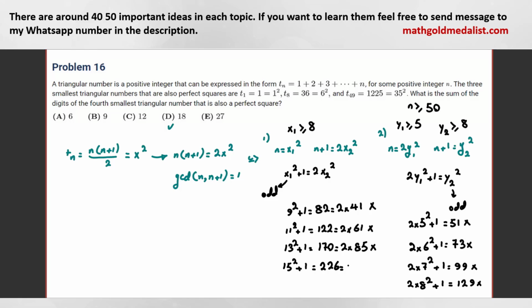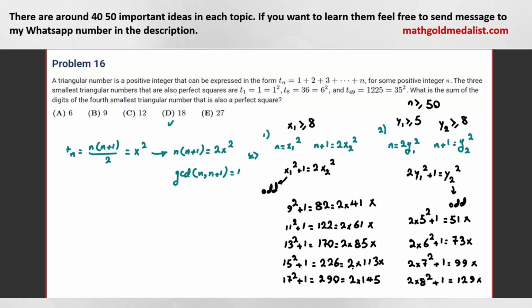Which is 2 times 113. Not good. Next one, 17 squared plus 1 is what? 289 plus 1, 290, which is 2 times 145, right?